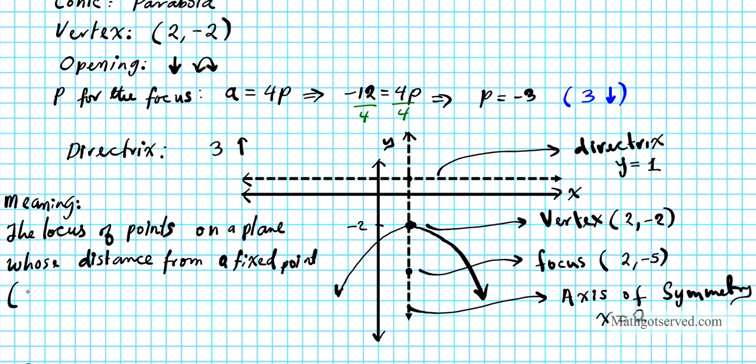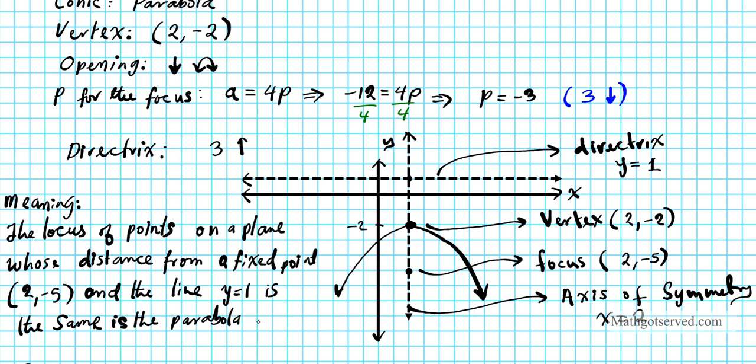From a fixed point 2, -5, and the line, the directrix, the line y equals 1, is the same, is the parabola with equation.